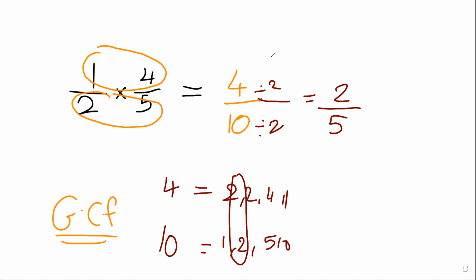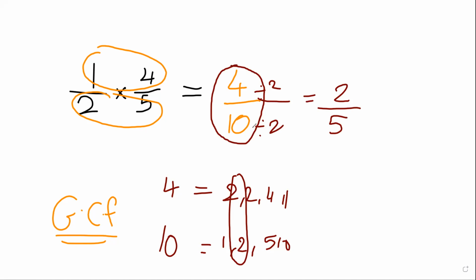So now, multiplying 1/2 with 4/5, I multiply the numerators and I multiply the denominators, and I get the answer as 4/10. In fractions, don't keep the answers as they are. You have to simplify it, even if I don't tell you.